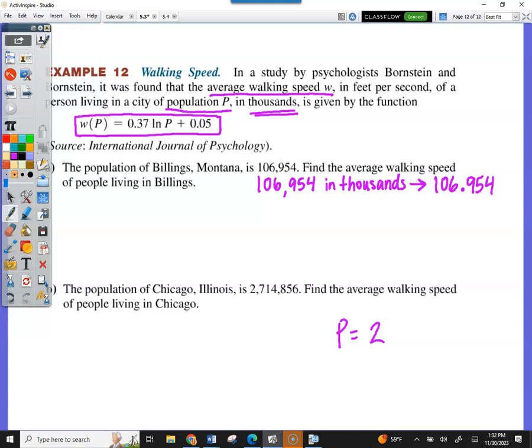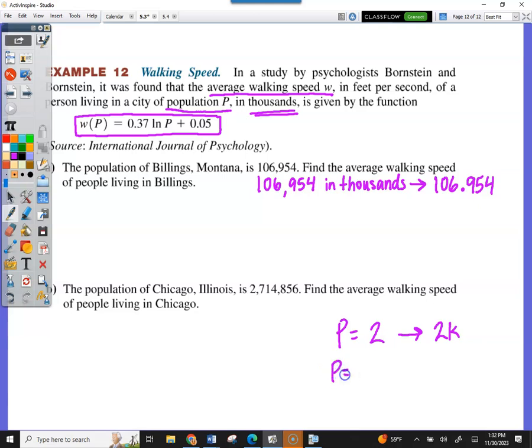How many people are in the city of Billings, Montana? 106,000. But if I write 106,954 with a comma in between, I'm now saying that it's that many more thousands. Like, wrap your mind around this. If P is 2, this means there's 2,000 people in the city.